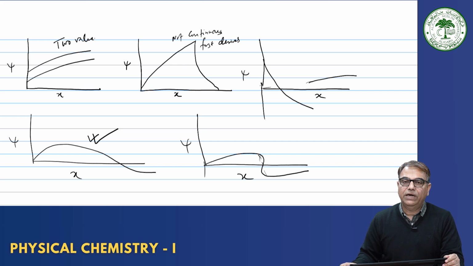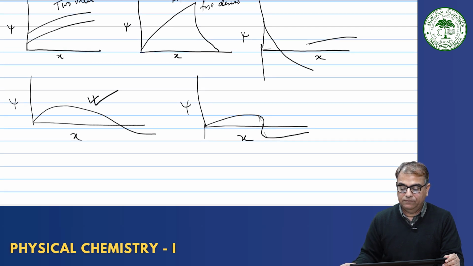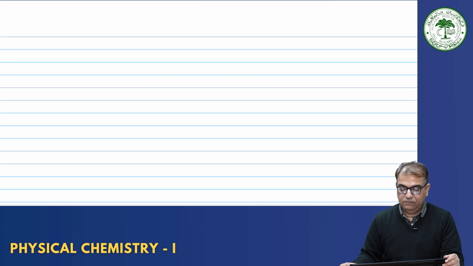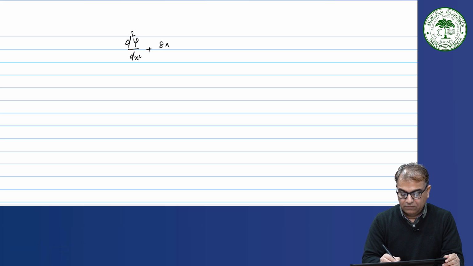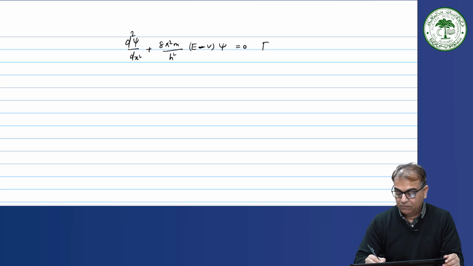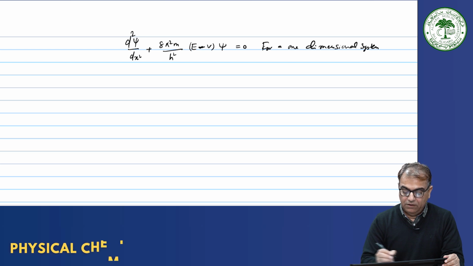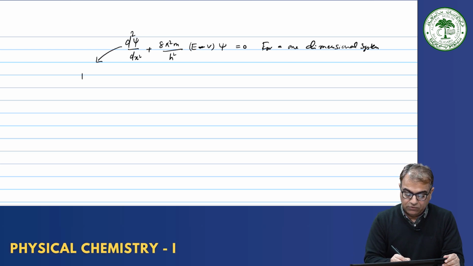Now, if you look at the Schrodinger wave equation for a one-dimensional system, we have a double differential equation.